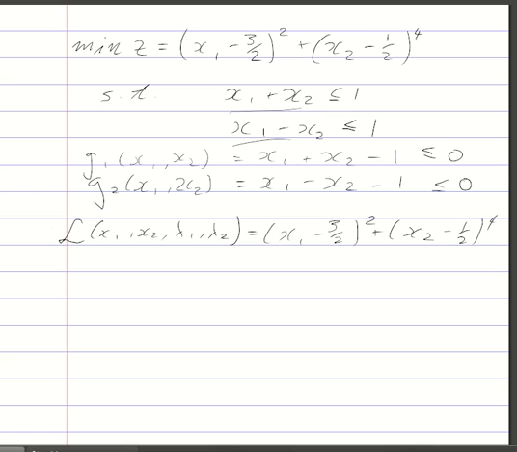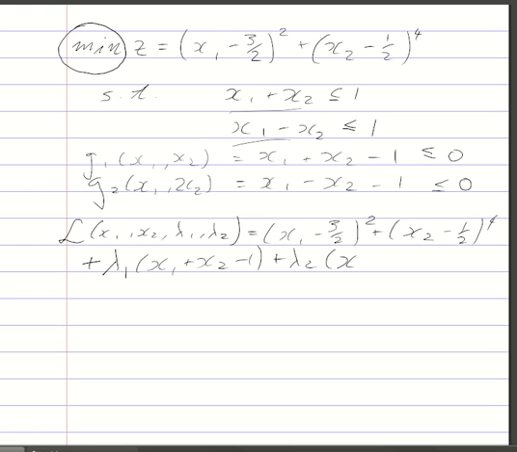and then you add the constraints. Now important here, notice we have a minimum problem. So in this case we will want to plus lambda 1 g1, and plus lambda 2 g2.